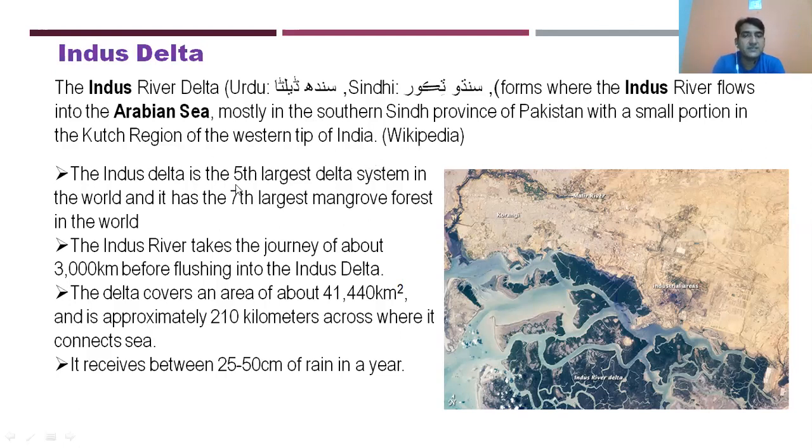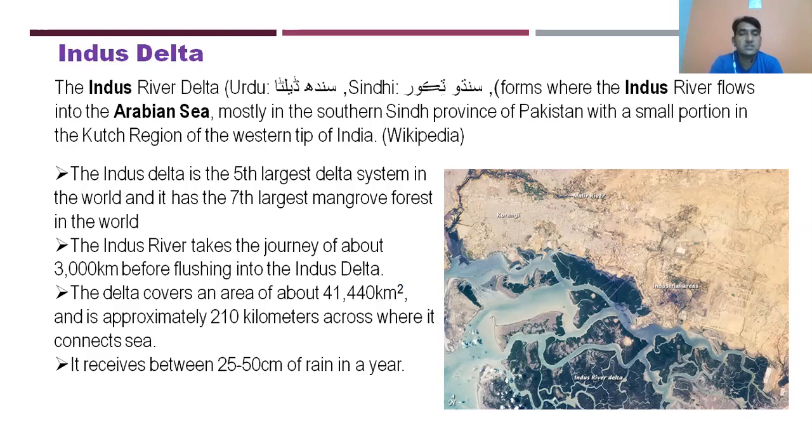The Indus Delta is the 5th largest delta system in the world, and it has the 7th largest mangrove forest in the world. This is quite interesting for us. This deltaic region is based on mangrove forest. Mangrove forests are important for biodiversity, for the environment, and also for the birds.